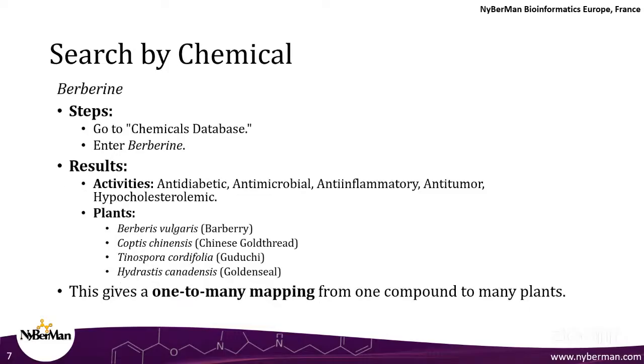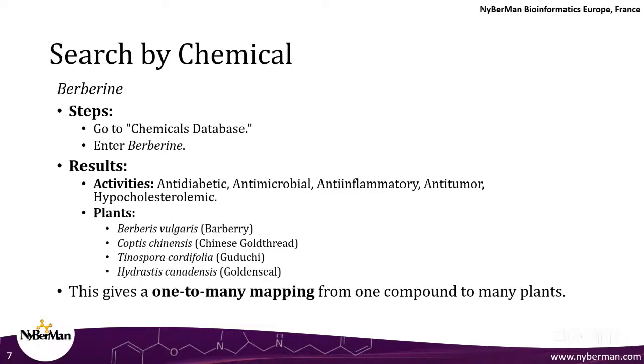And similarly, when we go to the chemical database, from the chemical-based search, you can see this berberine, and what activity was reported for this particular compound. If I'm going to work with one particular compound, I can check what all activity was reported for it.